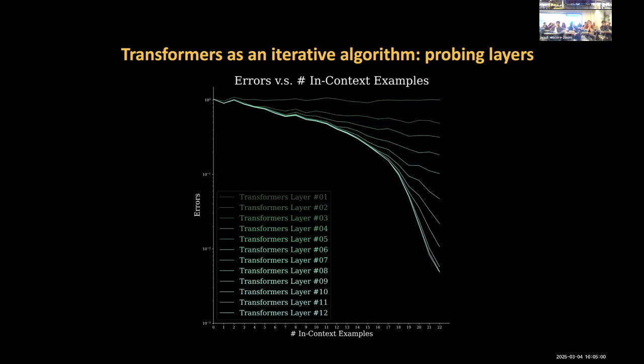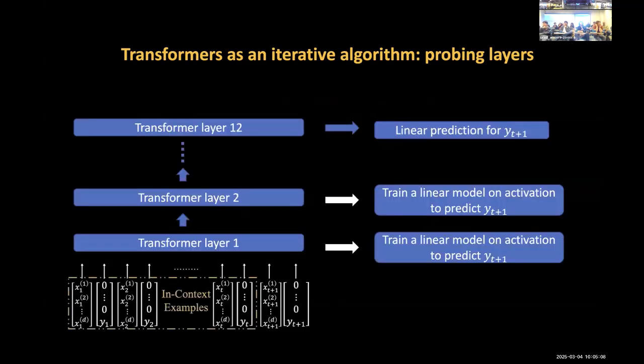You have a 12-layer transformer, and the final layer is trained to predict the output. But how do you get an output of an intermediate layer? You have this trained model, and you want to find the best linear model from the activation of that layer to the output, the prediction space.